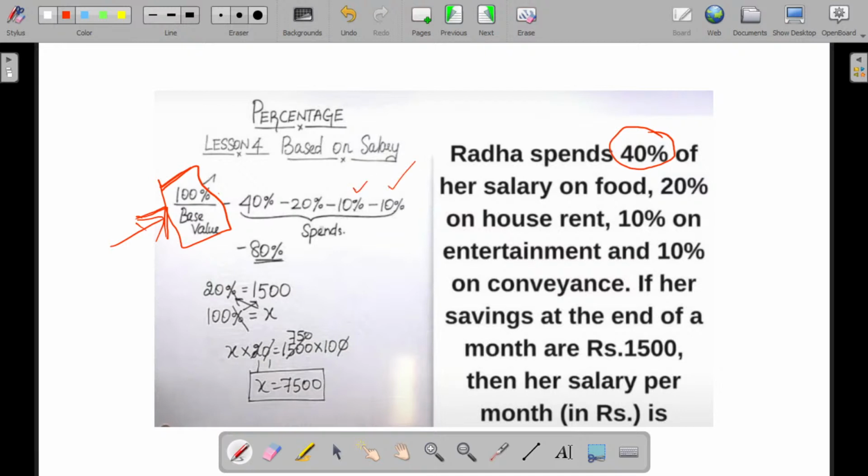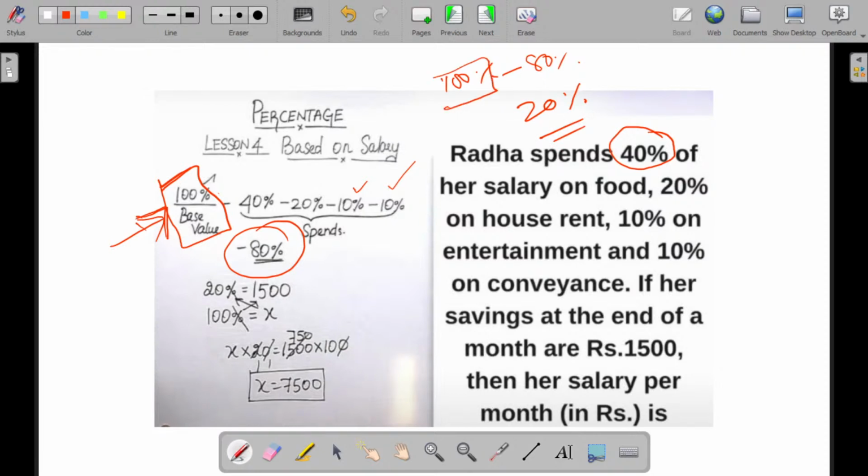So in total how much? 80 percentage. 100 percentage is the total salary, and in that she is spending 80 percentage.